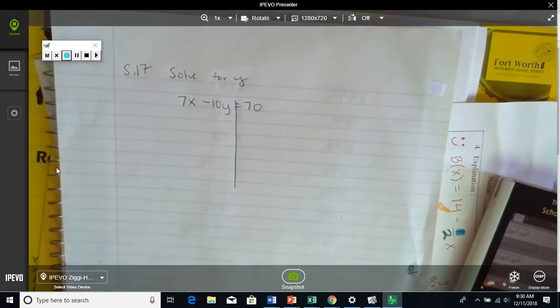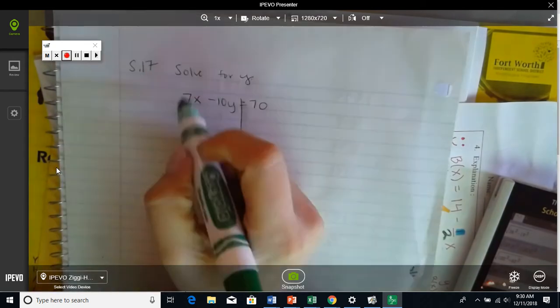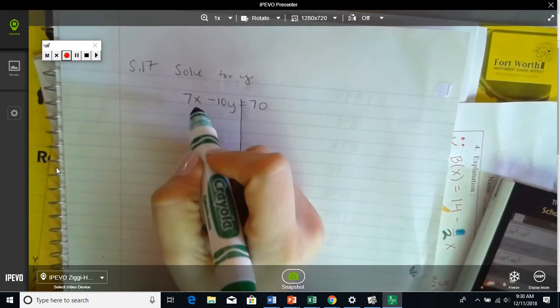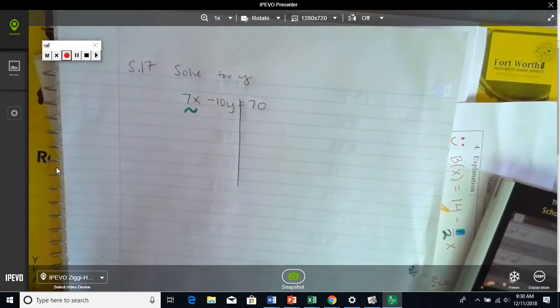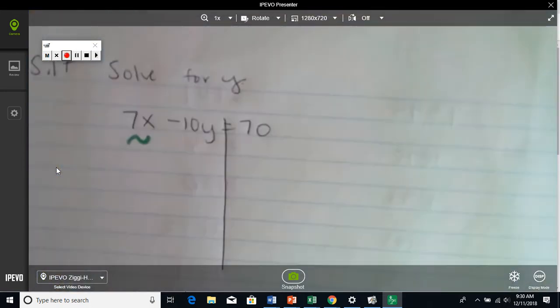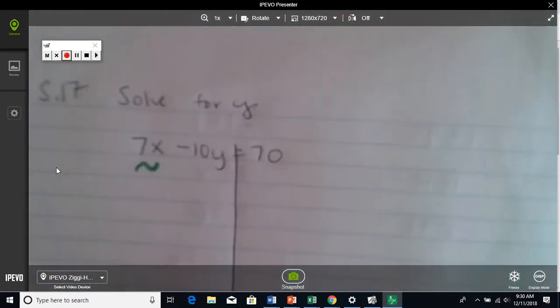So if you remember, first thing I do is squiggly circle underline. So 7x, by the way, this was recorded live on December 11th, my second period class. Somebody from Hadil's table, 7x, squiggly circle underline. Squiggly because it's 7x. Alright, minus 10y, Cesar or Uriel.